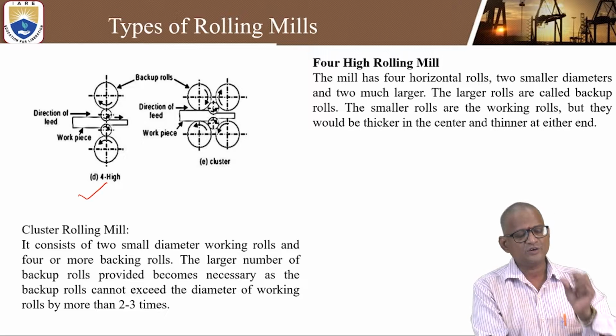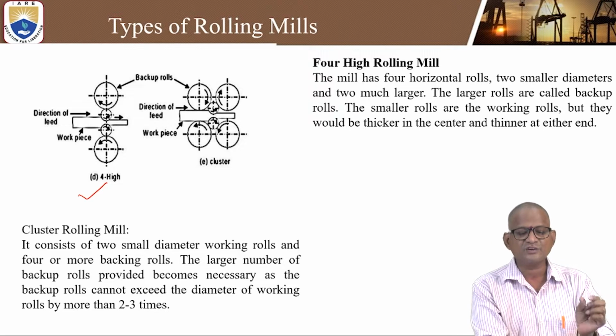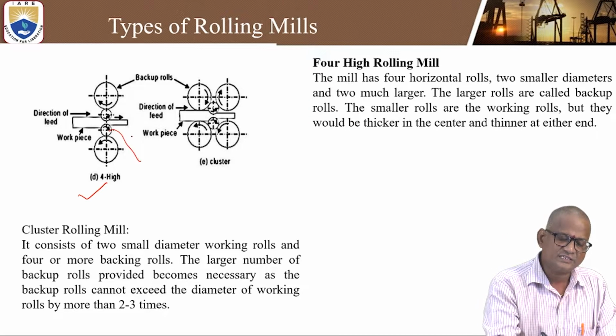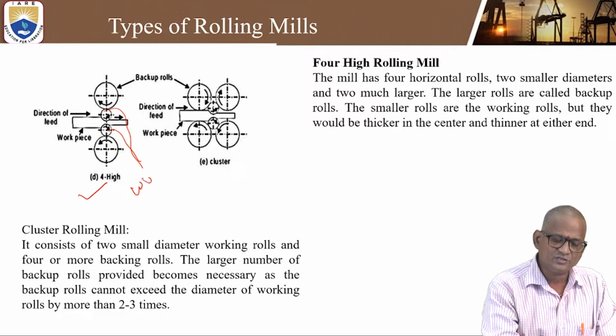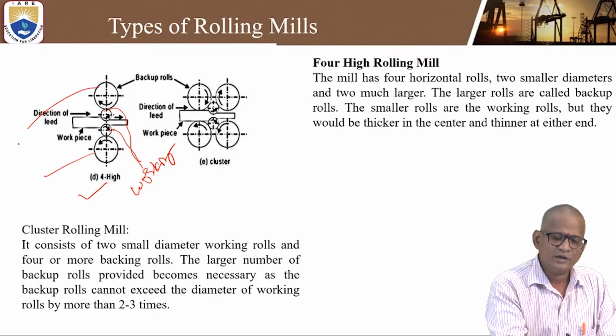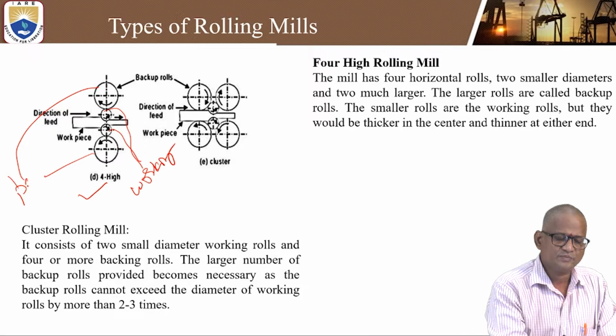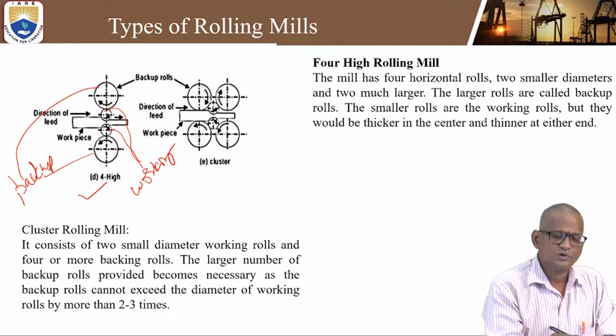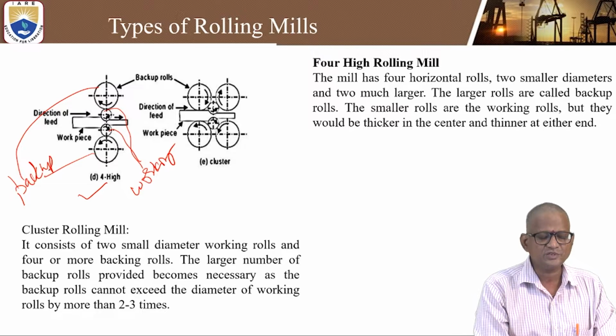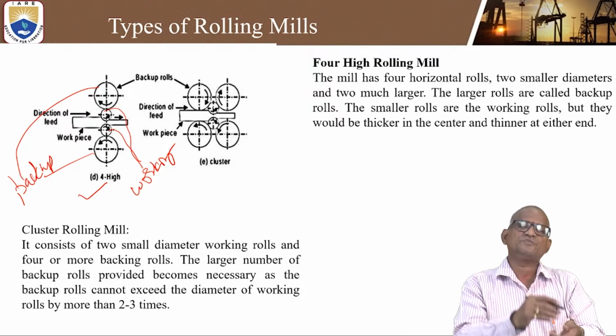It consists of 2 small diameter working rolls. We can call these 2 the working rolls, and the above 2 are backup rolls or pressure rolls. So these are the backup rolls, and you can apply the pressure uniformly.